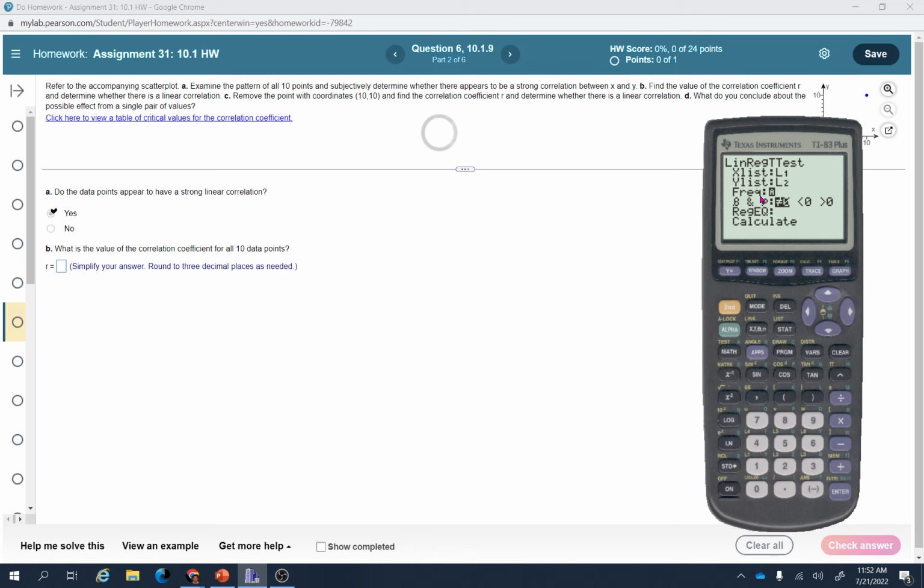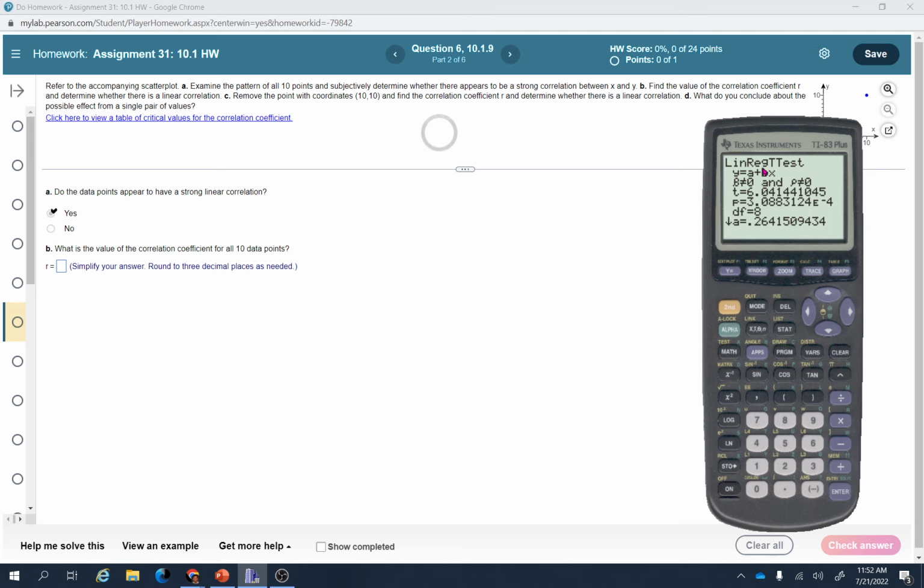The frequency means repetition. Since there is no repetition, we always use frequency 1. Our claim is whether they are correlated or not. If not, we use not equal to 0, meaning no correlation. Then we go down and hit Calculate.